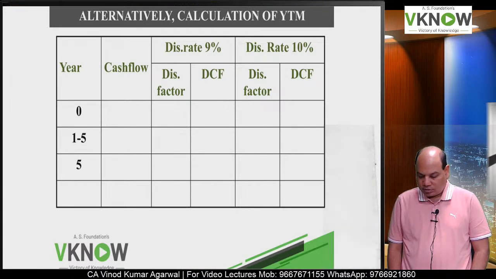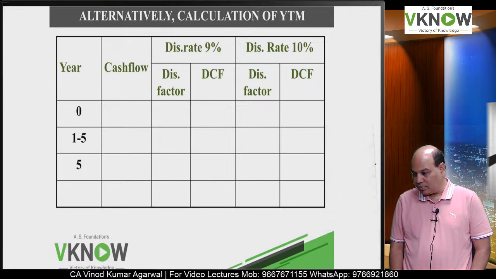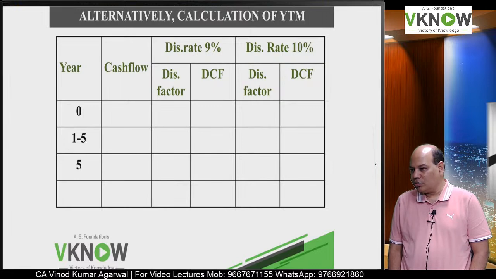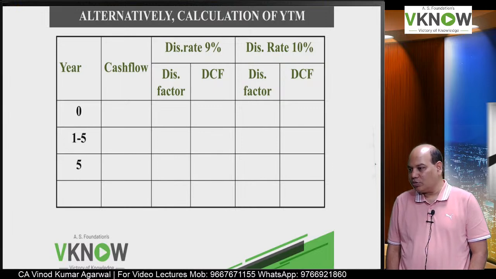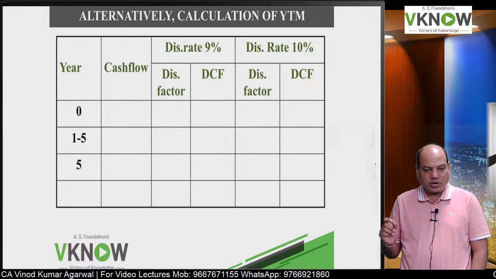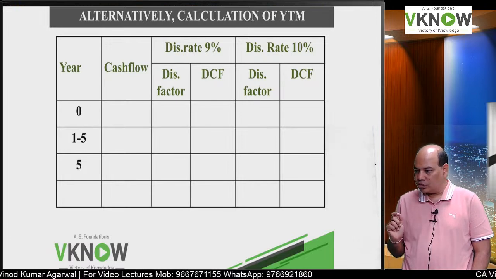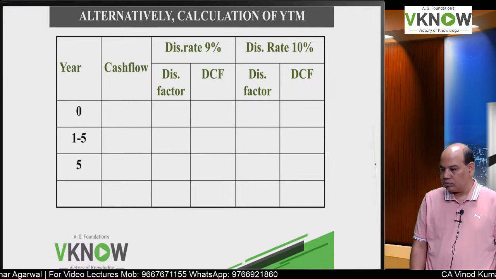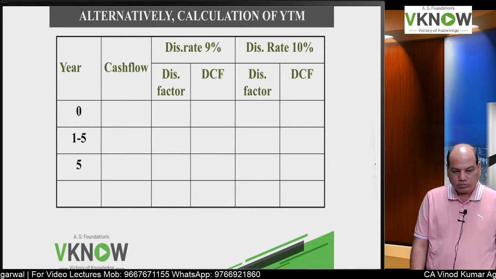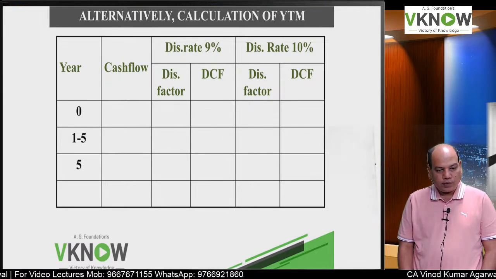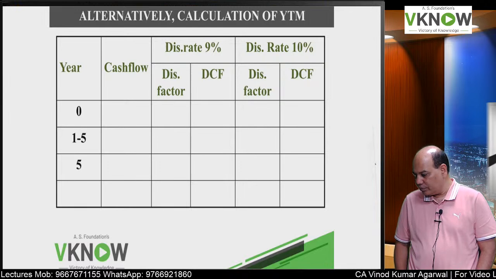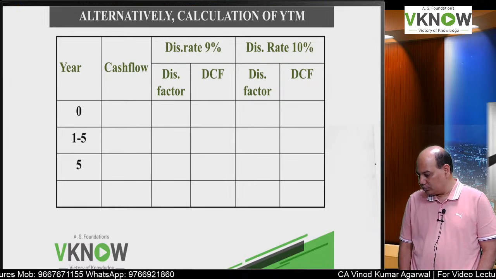Discount rate 10%, under that two columns, discounting factor, discounted cash flow. DCF means discounted cash flow, or you can just write present value. Once your format is over, you will say yes sir, then I can proceed further.